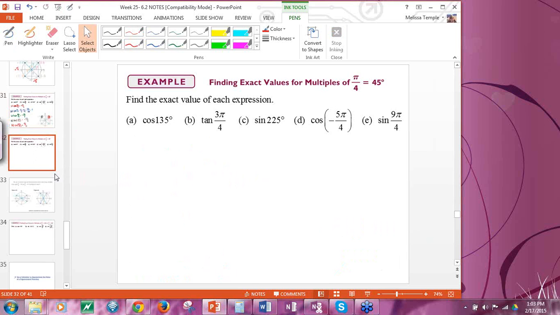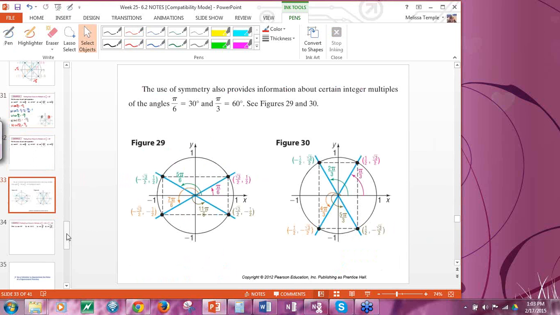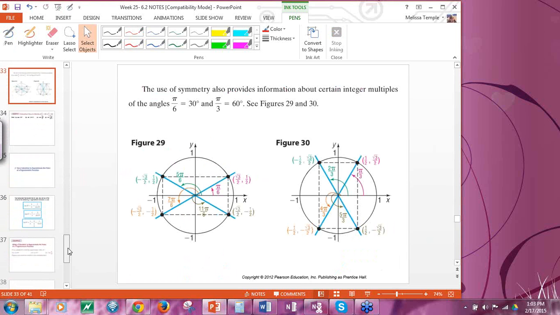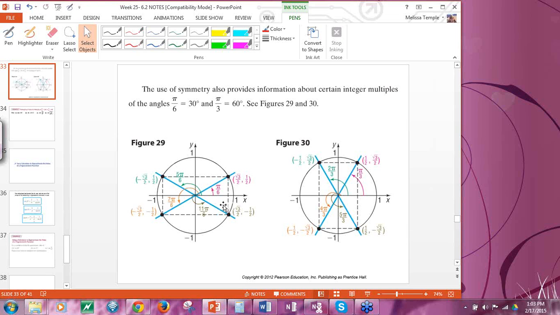Okay. Oh, this is the same slide. So now, I've done the same thing with those other two, the 30 degrees and the 60 degrees we looked at. I'm reflecting them across all of my axes. So notice now, this isn't as nice of a reflection. My x and my y aren't the same like they were with my 45 degree.